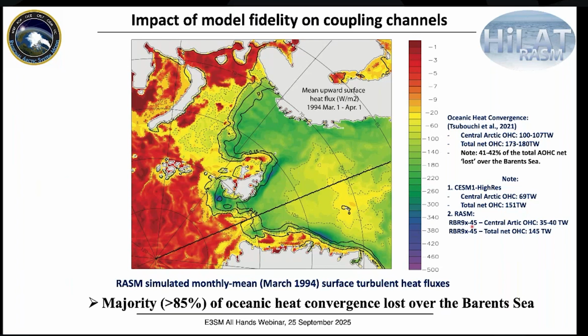Similarly, with RASM, a fully coupled simulation, we have a total heat convergence of about 145 terawatts, and the net heat convergence into the central Arctic is about 40 terawatts or so. We melt ice in summer in the central Arctic. So there's an issue with the observationally estimated magnitudes of the oceanic heat convergence, including the central Arctic heat convergence, and the model simulations. And we think that with AEROSI, we can address this particular issue.